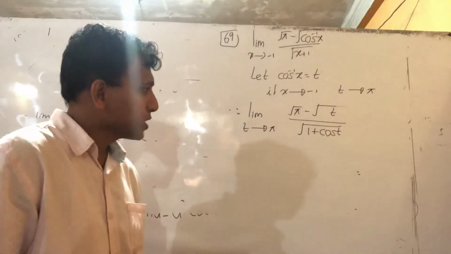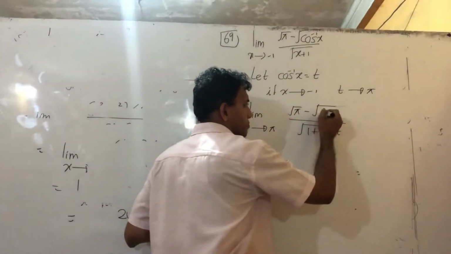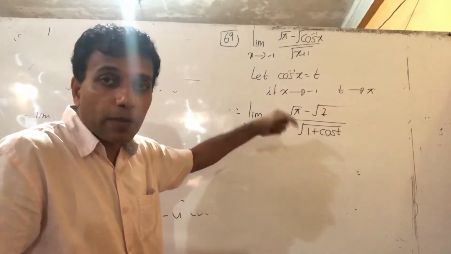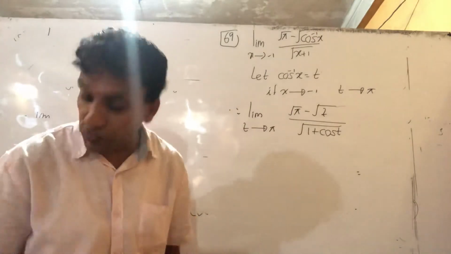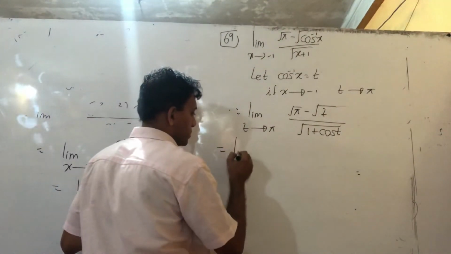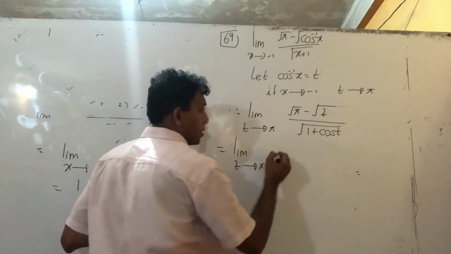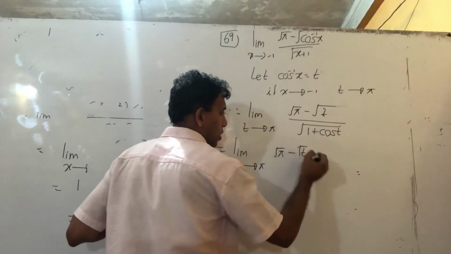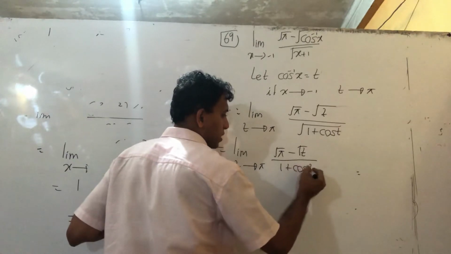So once again, now think of a new question. Think of it as a new problem and do the rest. Conjugate form because of the square root. Multiply up and down by the conjugate of the numerator. So that is equal to limit t tends to pi, square root of pi minus square root of t, over 1 plus cos t, right?